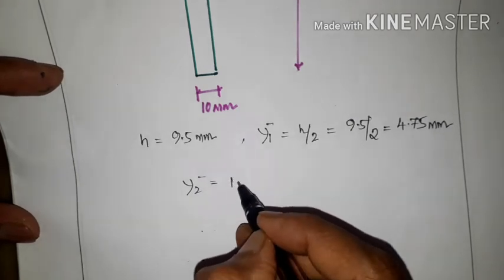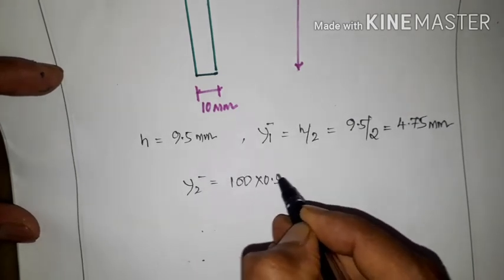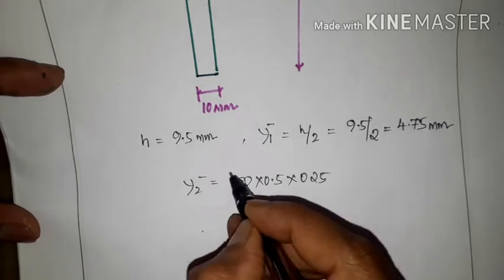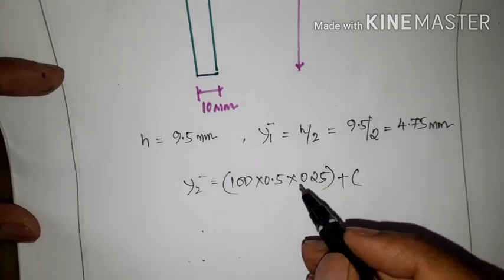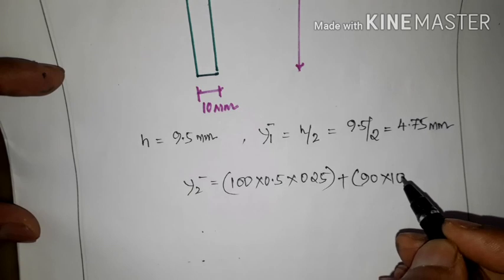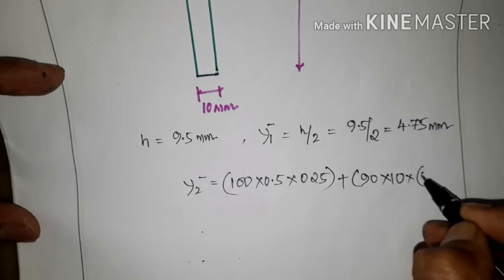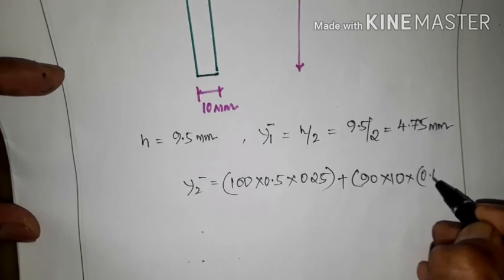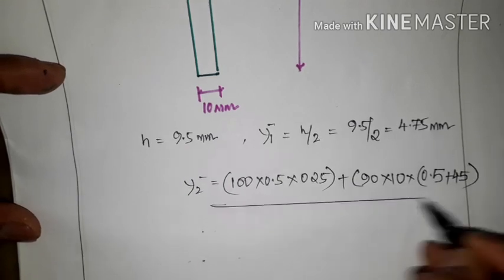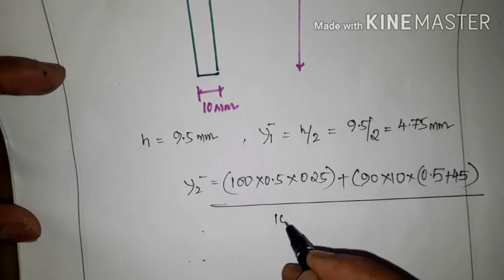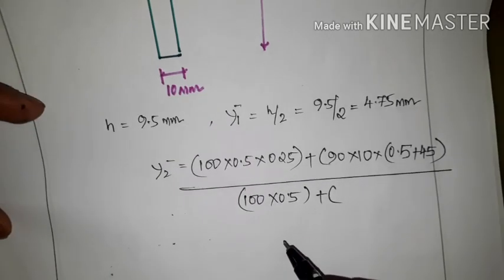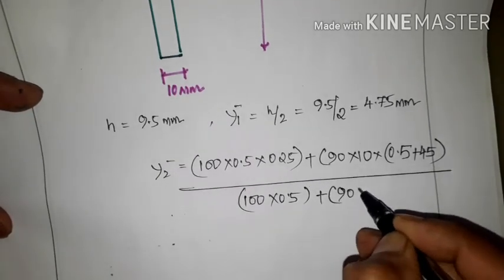So that is 100 into 0.5 into 0.25, I'll explain this, plus 90 into 10 into 0.5 plus 45, divided by the area, which is 100 into 0.5 plus 90 into 10.